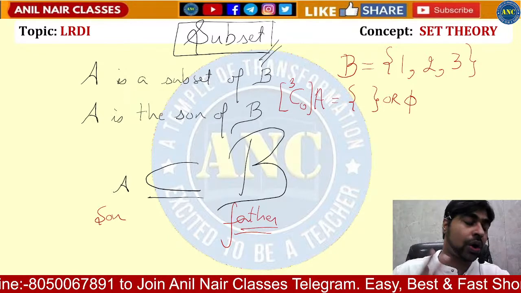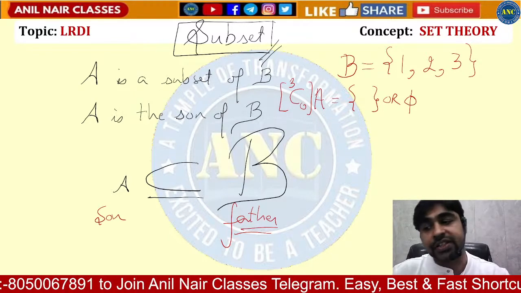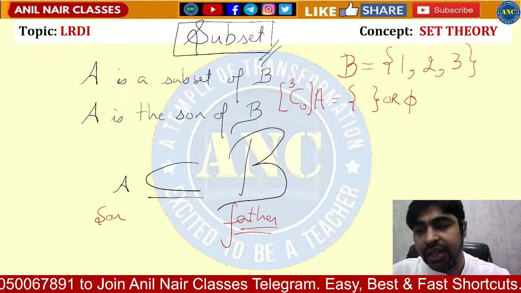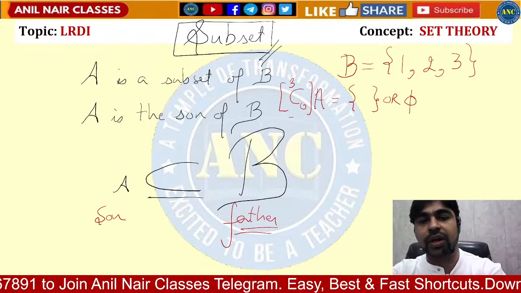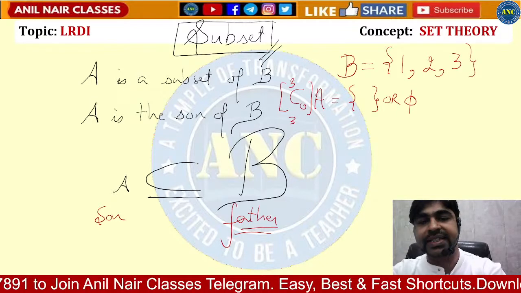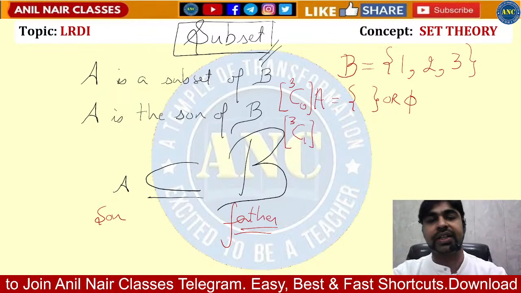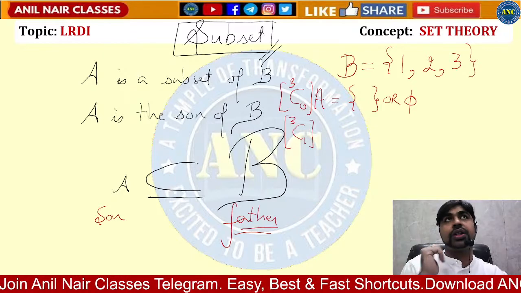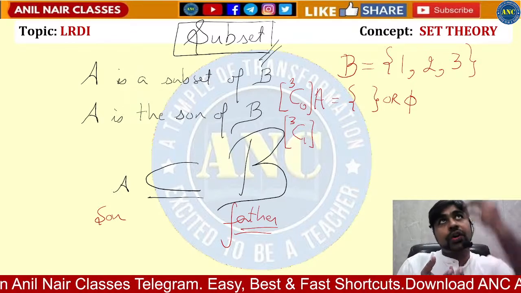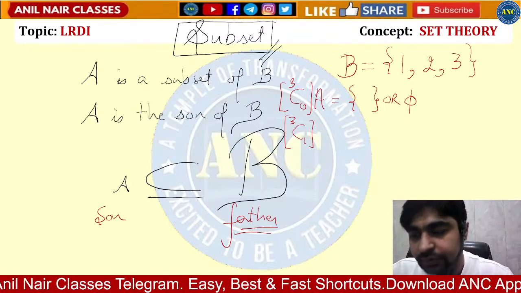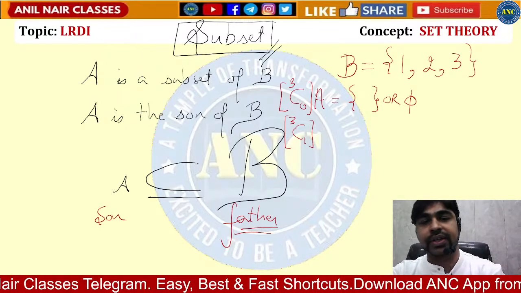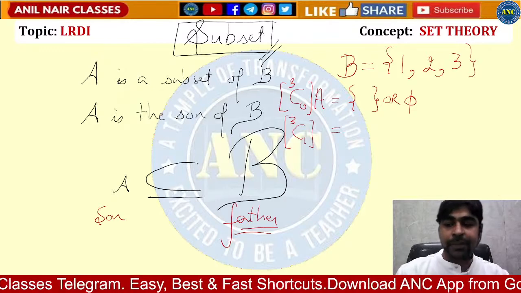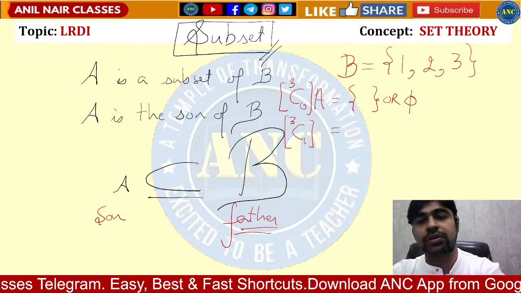A can also take one of the properties of his father. That would be called 3C1, choosing one out of three. NCR is called choosing R out of N. So A can take one of the three properties. How?